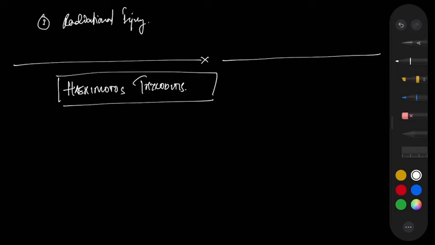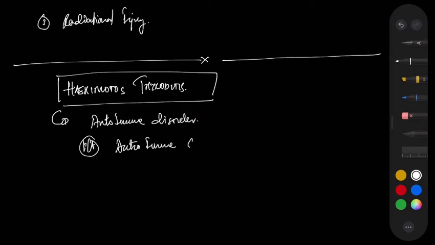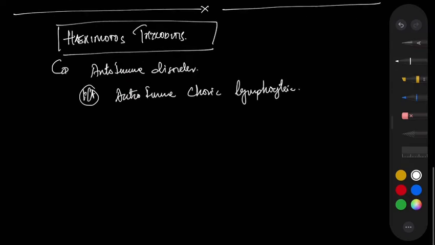So, what is Hashimoto's thyroiditis? Now, this is an autoimmune condition. It is an autoimmune disorder. It is also known as autoimmune chronic lymphocytic thyroiditis.